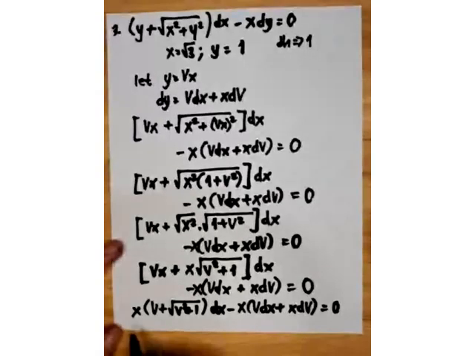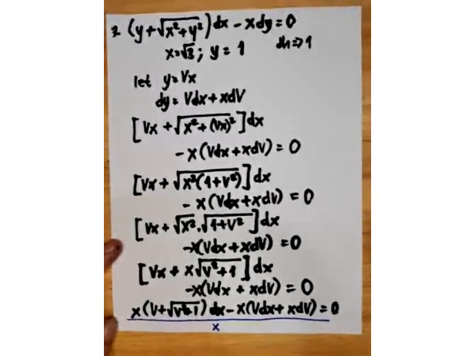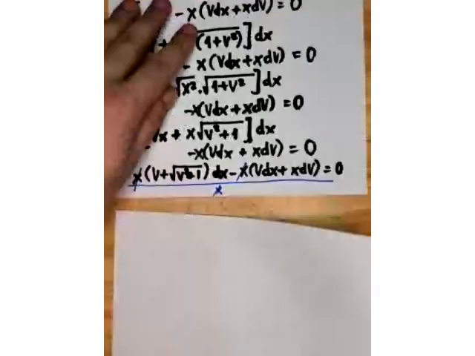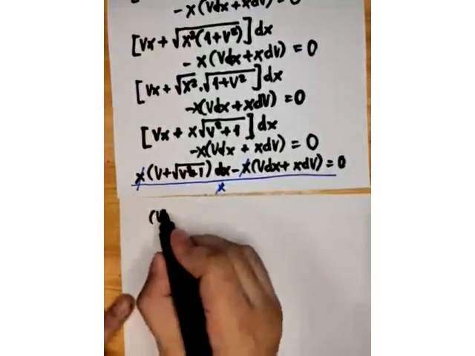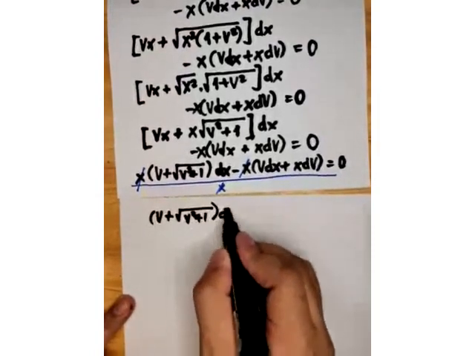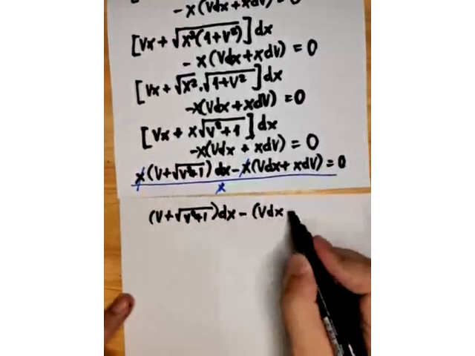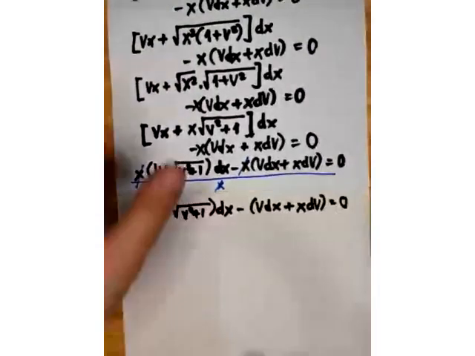Okay, so let's divide this by x. So we can cancel the x there. So what remains will be the quantity v plus the square root of v squared plus 1 dx minus v dx plus x dv is equal to 0.